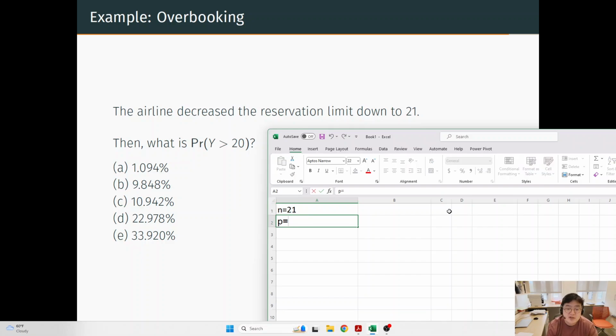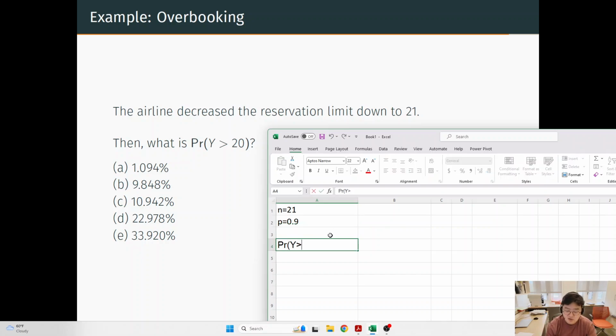And in this case, we are still counting the ticket holders coming to the gate. So it is 90%, those who do not cancel, the probability of not canceling the reservation and just wanting to take the flight. So these are the parameters.